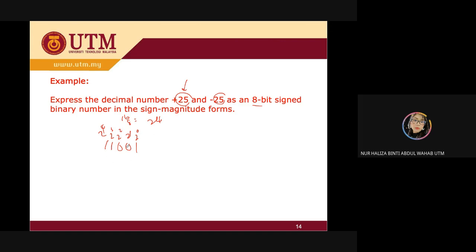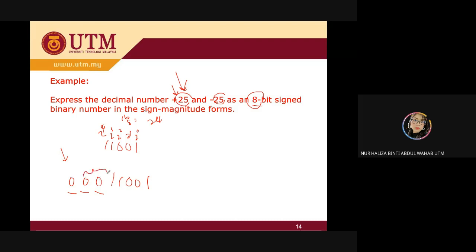Correct me if I'm wrong. Then I will get 11001 for my magnitude. But it is only 5 bits, so I need another 3 spaces in front, because it's already mentioned 8 bits. And I know that this is my positive number, so I need to put 0, 0, 0.